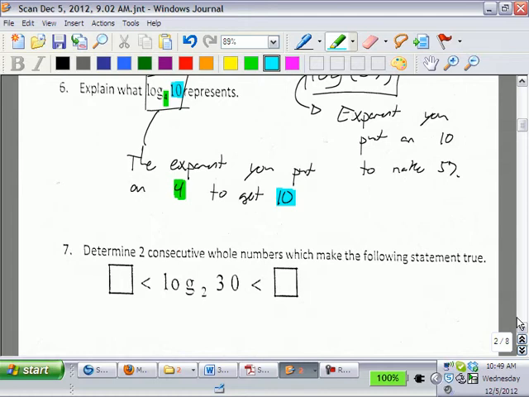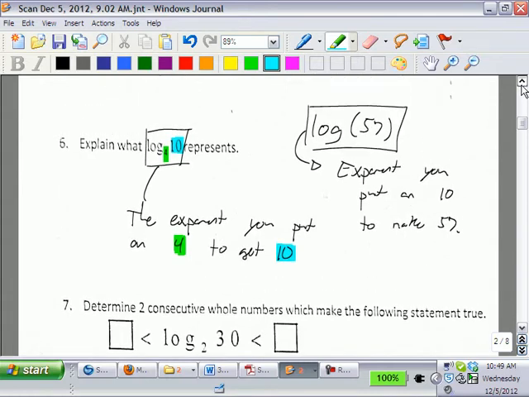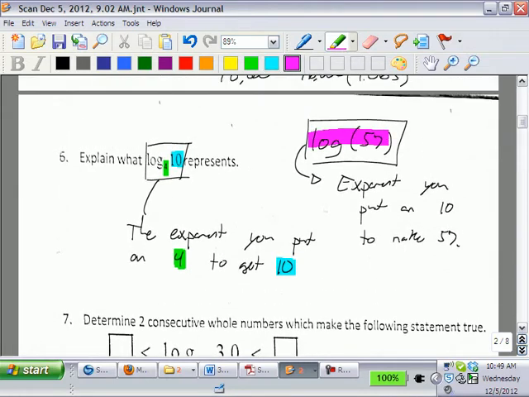That whole idea of log base 2 of 30 is between what two whole numbers? Okay. Did you get this part?